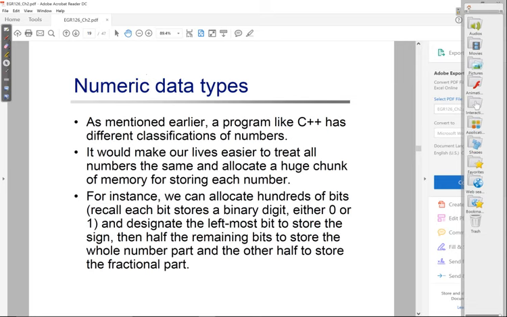It should be fairly obvious that you don't need as much memory to store an integer as you do to store a real number, because a real number not just has the digits for the whole number portion, it's got to store the digits for the decimal or fractional portion. So a real number requires a lot more memory.